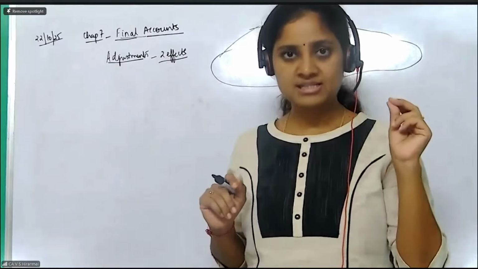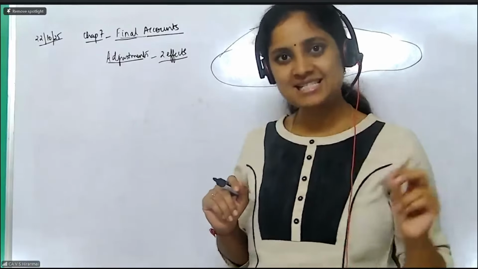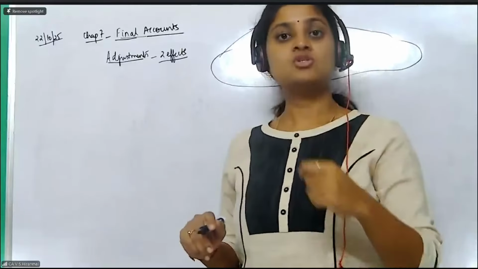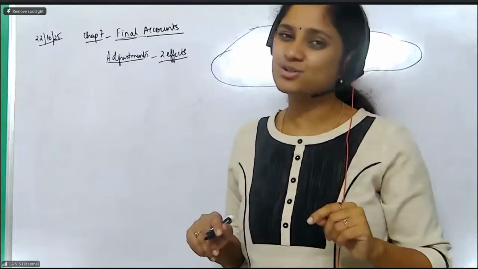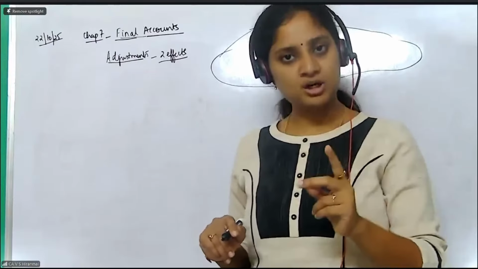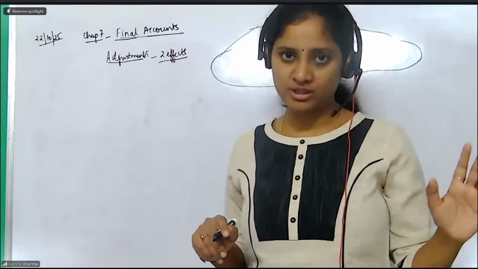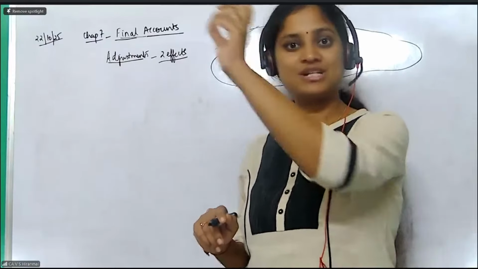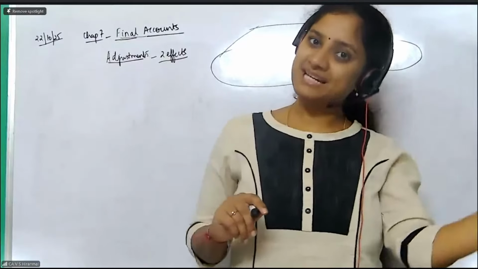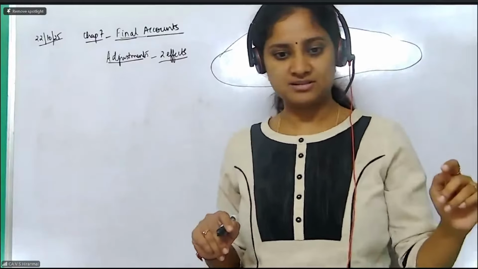If any sentences or points are given after the trial balance, they become adjustments. Each adjustment will have two effects because we follow double entry bookkeeping. This adjustment has to be debited here and credited somewhere else, or credited here and debited somewhere else.